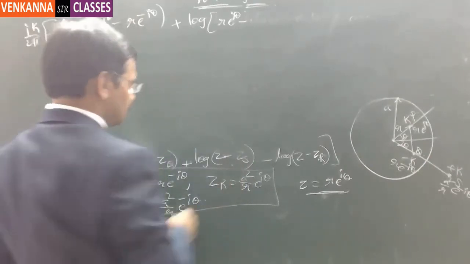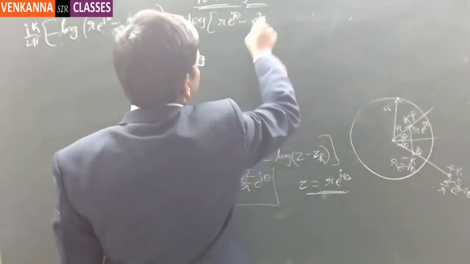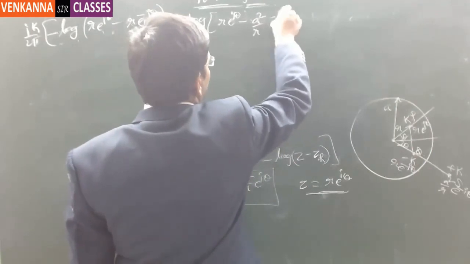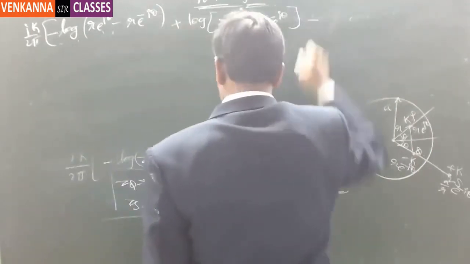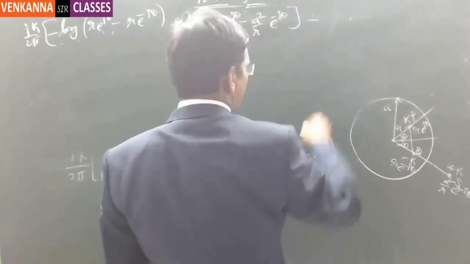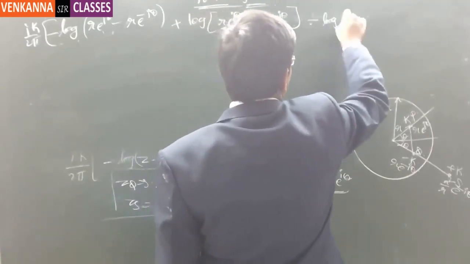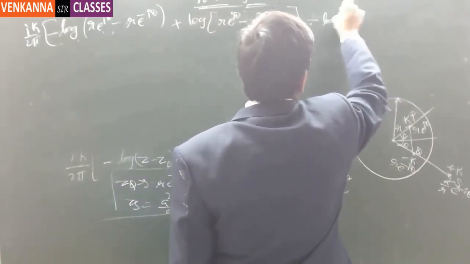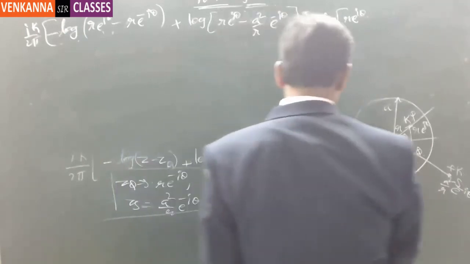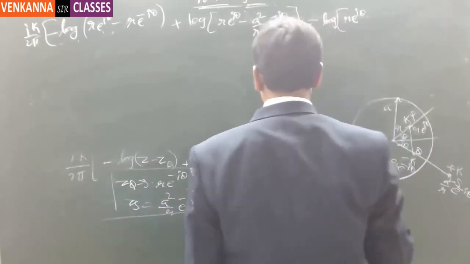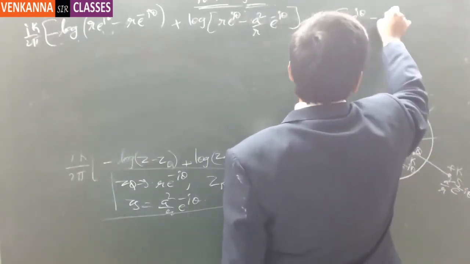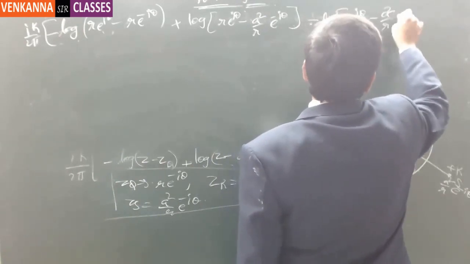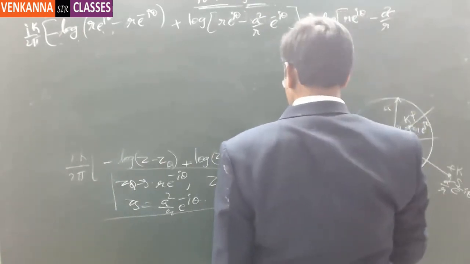So Zs is a square by r e power minus I theta, minus log r e power I theta, Z R will be a square by r e power I theta.